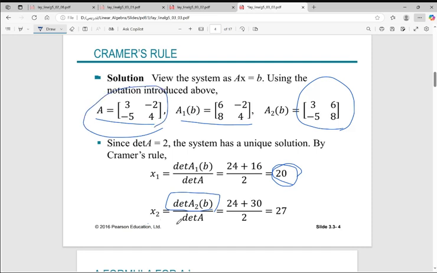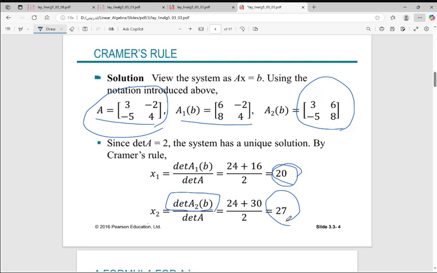So x2 equals 54 over 2, which is equal to 27. So you see, in this way, we can compute x1 and x2.